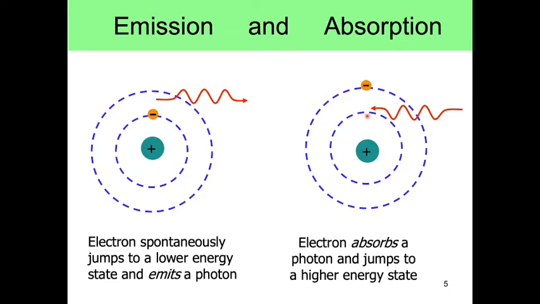Then this electron can jump up to the higher energy level. But there's a restriction on the wavelength of the incoming photon. Its energy has to be exactly the same as the energy difference between two orbits. Otherwise, the electron won't interact with the photon; it will just pass through the atom and not excite the electron.